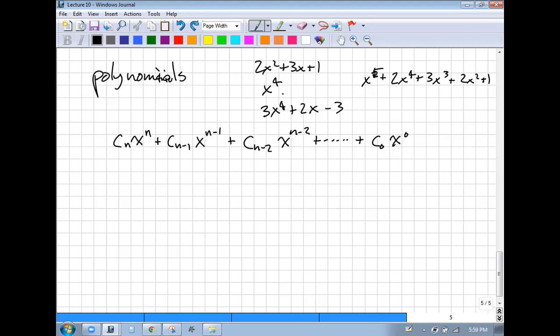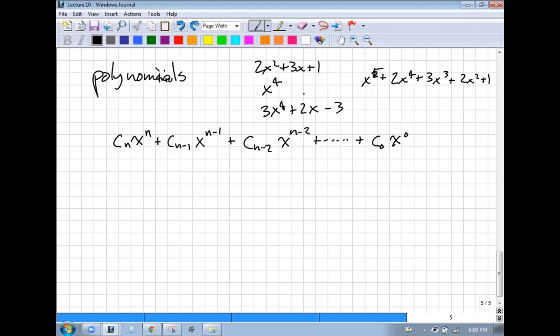So for this guy, n is equal to 4. C sub n is 3. Now I could have said A, B, C, D, but you run out of letters, right? So these are the coefficients, the numbers in front of your x's. So all this is saying is, here's the coefficient that goes along with the highest power of x. This is the name of the coefficient that goes with the next highest power, right?